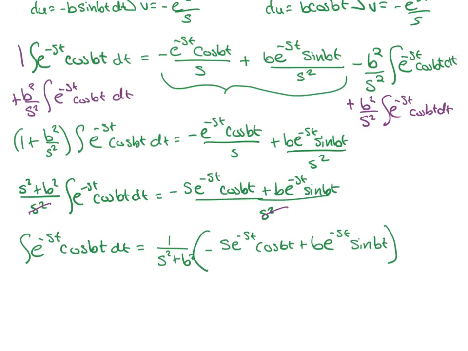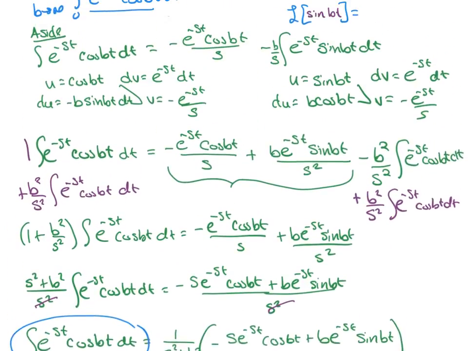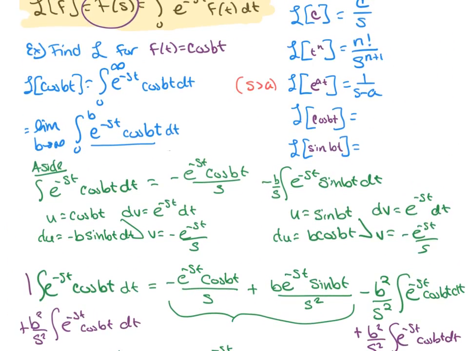Okay, let's go back to blue for what we were looking for. For this integral, we were looking for the limit as b. Oh, I don't want b. Let's change this b in the limit to be c. Way back up here.